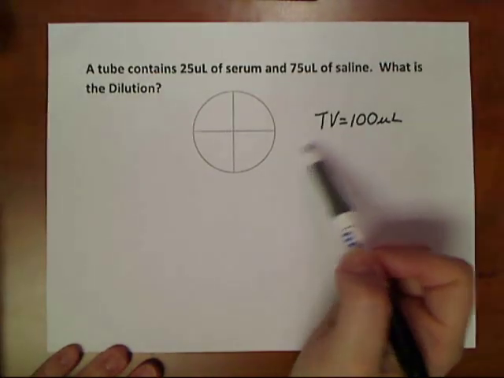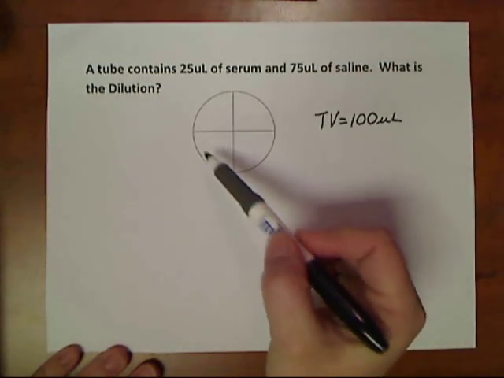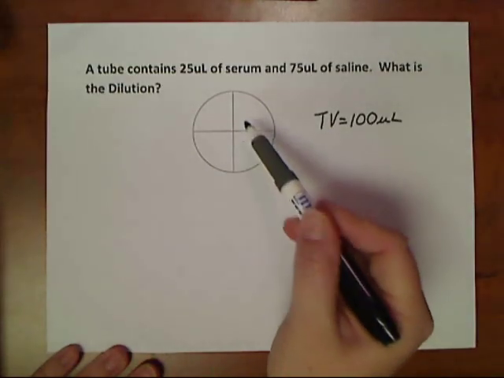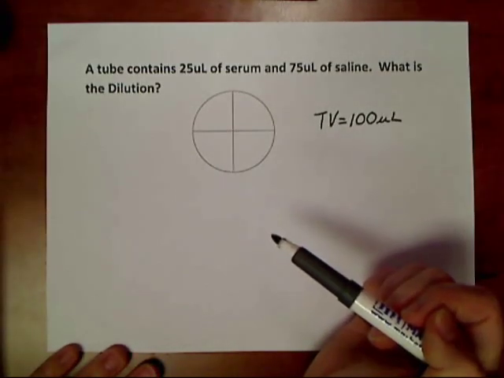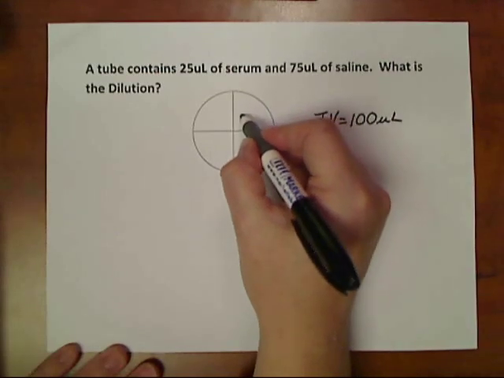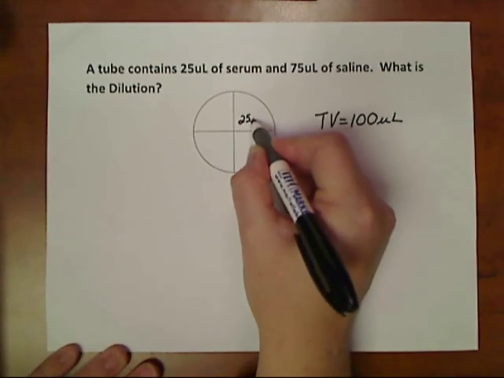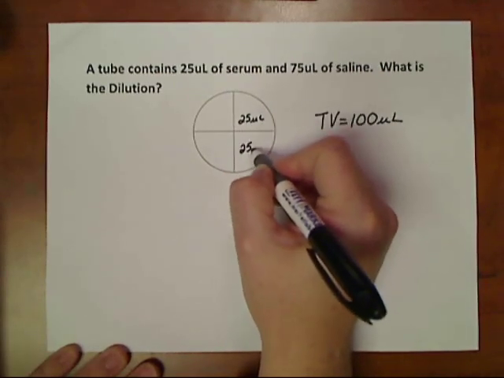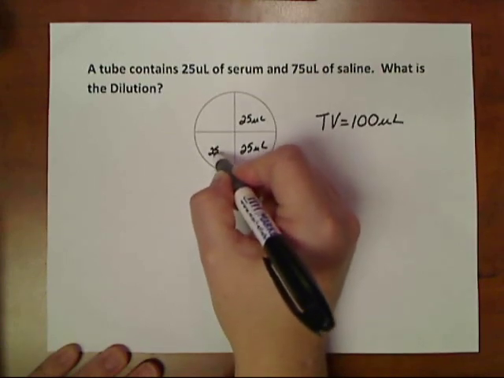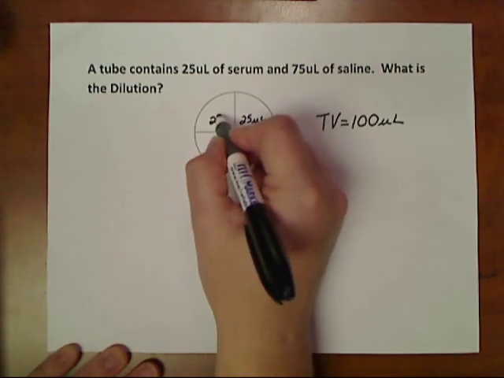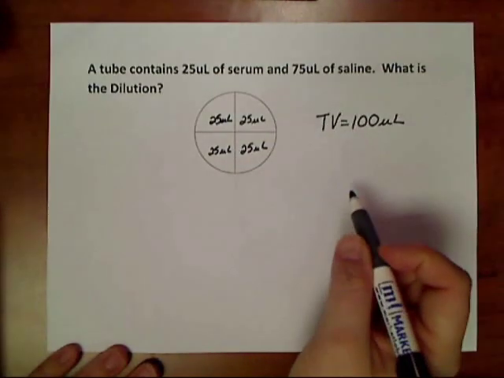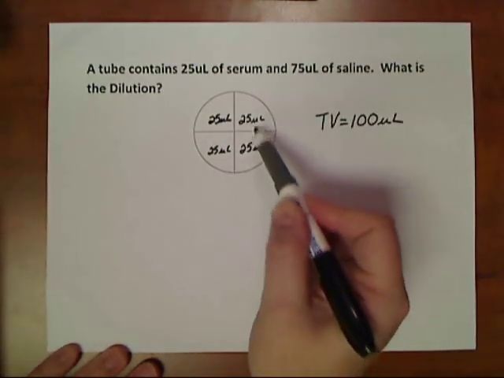When you take 100 and divide it into 4 parts, you can see that each piece would be 25 microliters. So we've got 25 in each section. Total volume is 100.